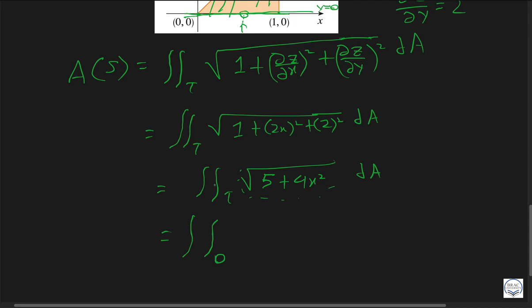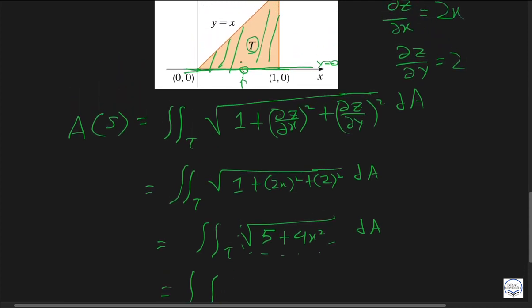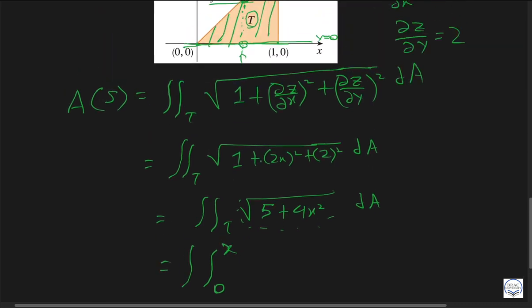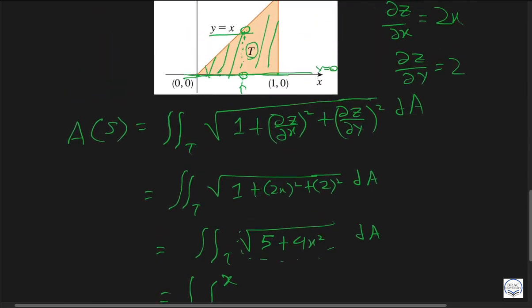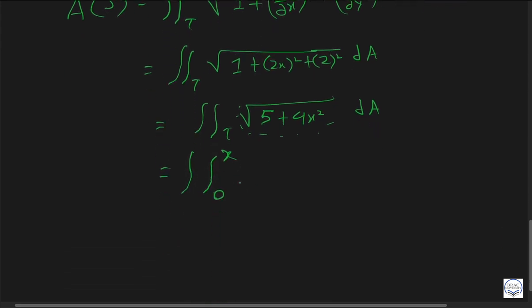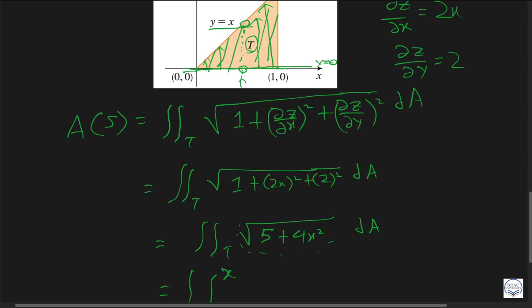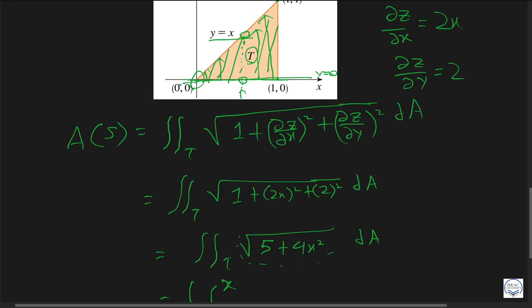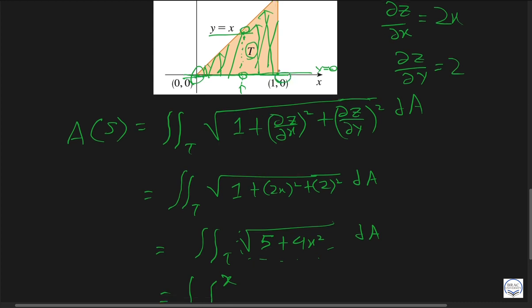So this is y equals 0, and as we keep moving this up, the second curve that we will hit is y equals x. And for all the other points, we can also use the same arrow, and we can see that this type 1 covers the entire region, and we have to start our arrows from x equals 0 and end at x equals 1.